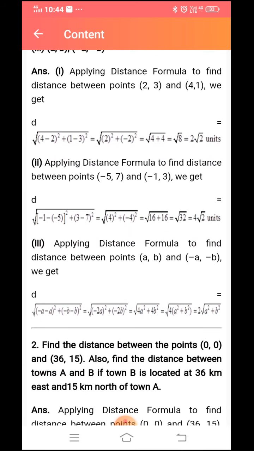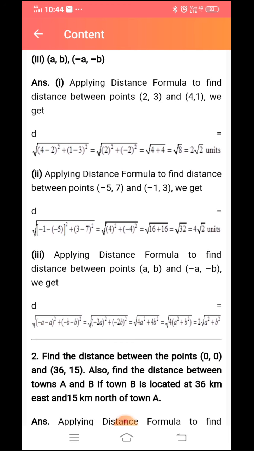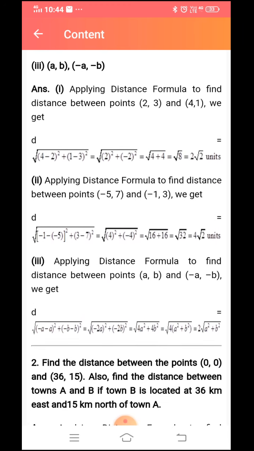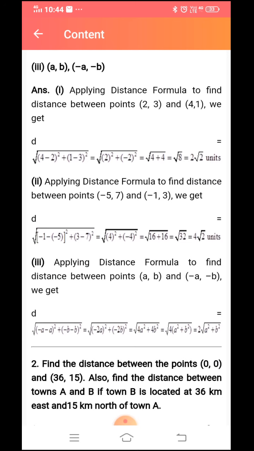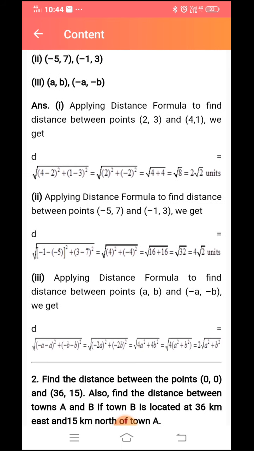So (2, 3) means x1 is 2, y1 is 3. In (4, 1), x2 is 4, y2 is 1. That you have to mark first. First you have to write x1, x2, y1, y2.